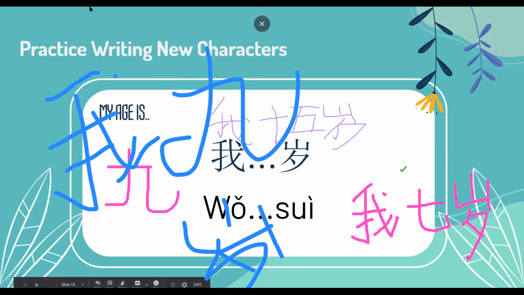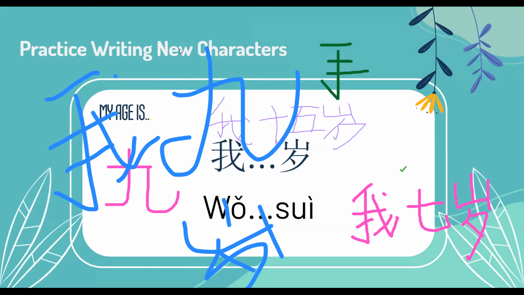Whoever pink is 7. That's okay. There's no need to worry about writing big because I can clear people's drawings if we need more space. Yeah, this is good. Whoever green is 8 years old. 8岁.